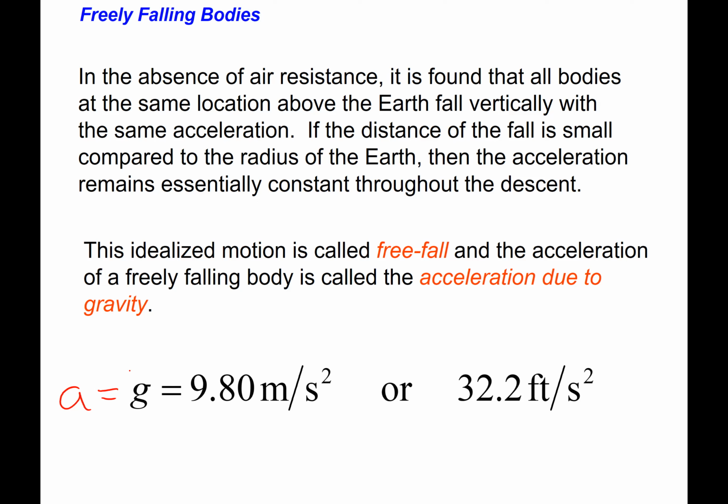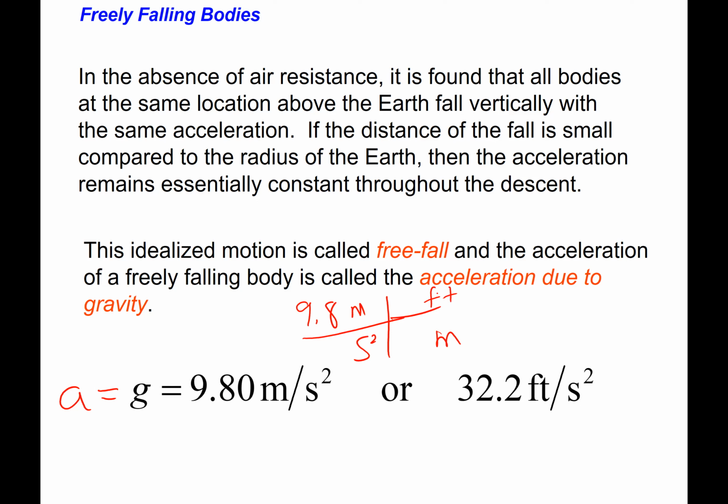Now, this, of course, is the magnitude of it. Magnitude always means the absolute value, or a positive number. Now, all that happened here is that for the 9.8 meters per second squared, we convert those meters into feet.